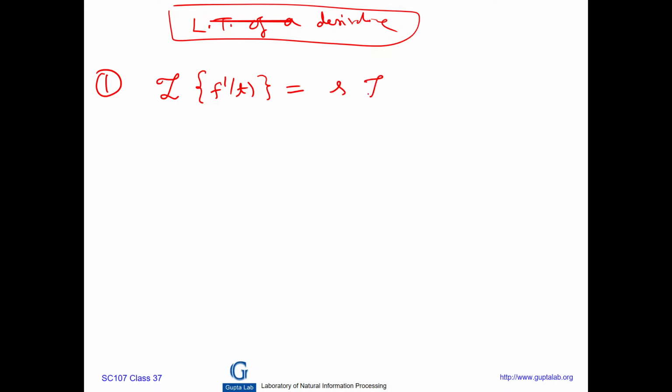So this is s times Laplace transformation of f of t minus f of 0. In other words, this is s times F of s minus f of 0. ये ब्यूटीफुल फॉर्मूला है, राइट? कोई कौन कौन प्रूव कर सकता है इसको? लगा दो उसमें इंटीग्रल में f dash of t रखो और कंप्यूट करो, ये आ जाएगा.